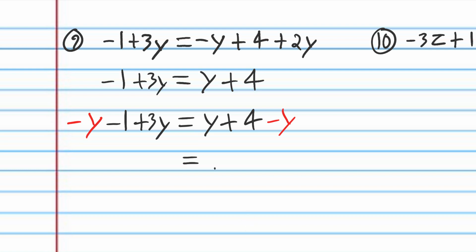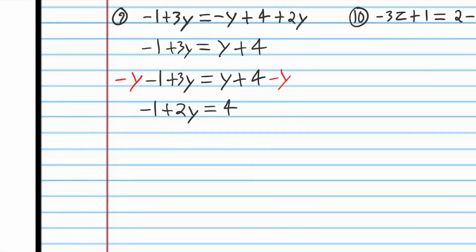And we end up with 4 is equal to negative y plus 3y is 2y. So now I'm about to perform an operation on both sides of the equation again, so I have to rewrite that.